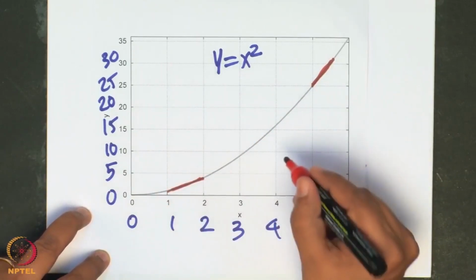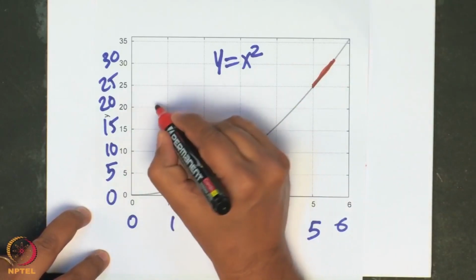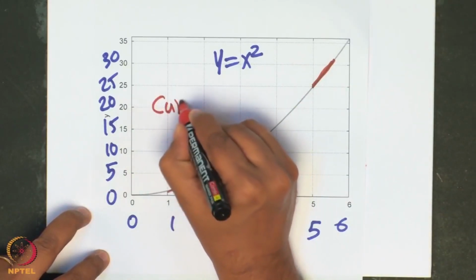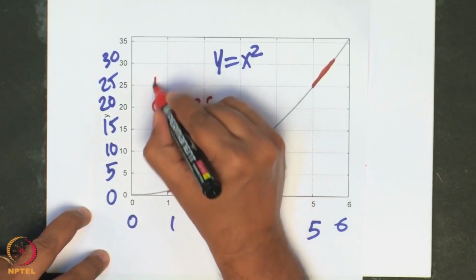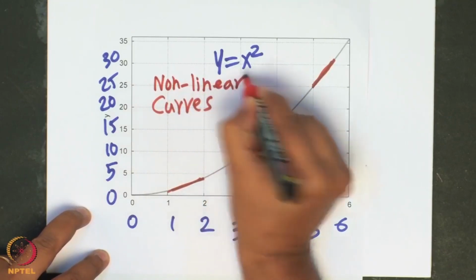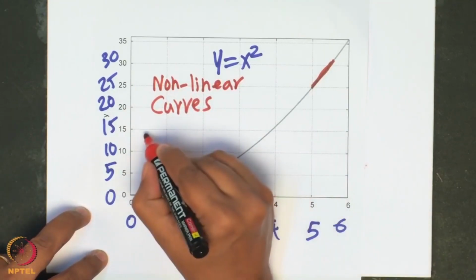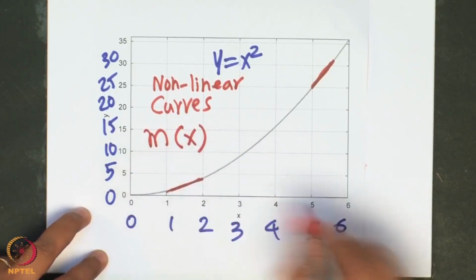For a line, the slope was the same, but for curves which are non-linear, it's not a line. For non-linear curves, slope, which is m, is a function of x.